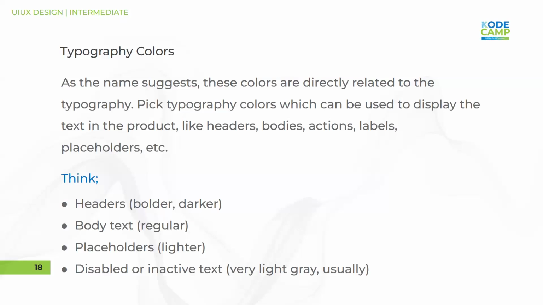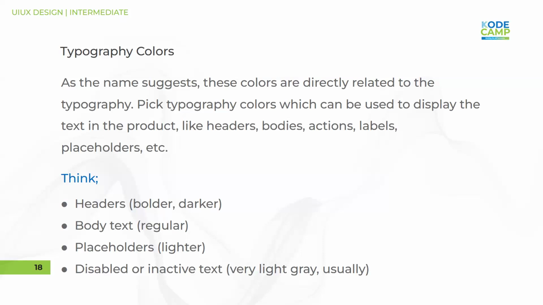typography color. As the name suggests, these colors are directly related to typography. So pick typography colors which can be used to display the text in the product, like headers, body, actions, labels, placeholder, etc. When you think of typography colors, you need to have this in mind.